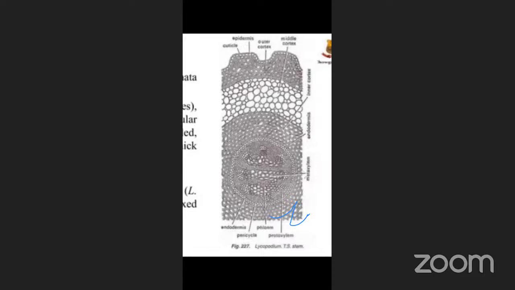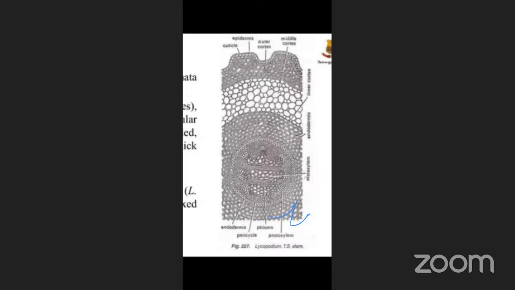Another one is the polyarch condition, the polyarch actinostele. Polyarch means irregular arrangements with a number of xylem rays.